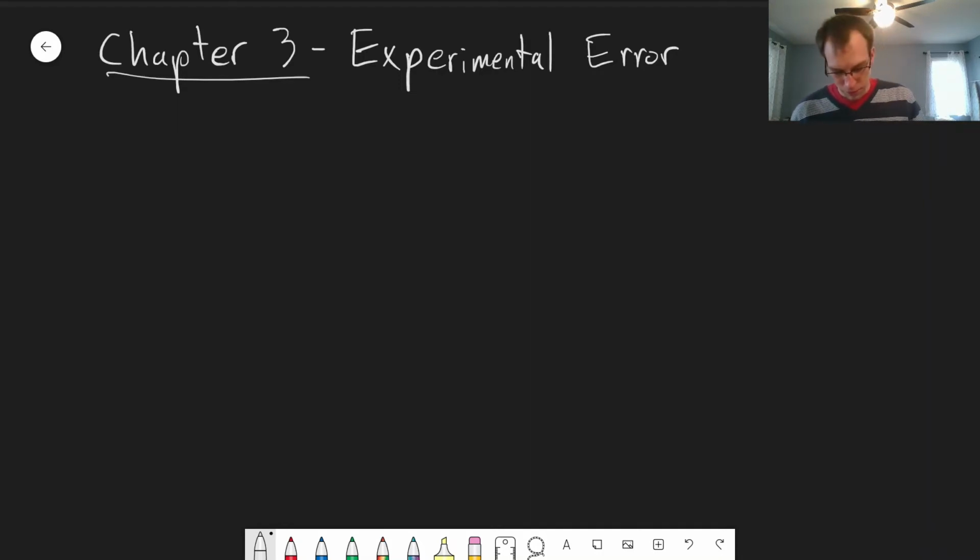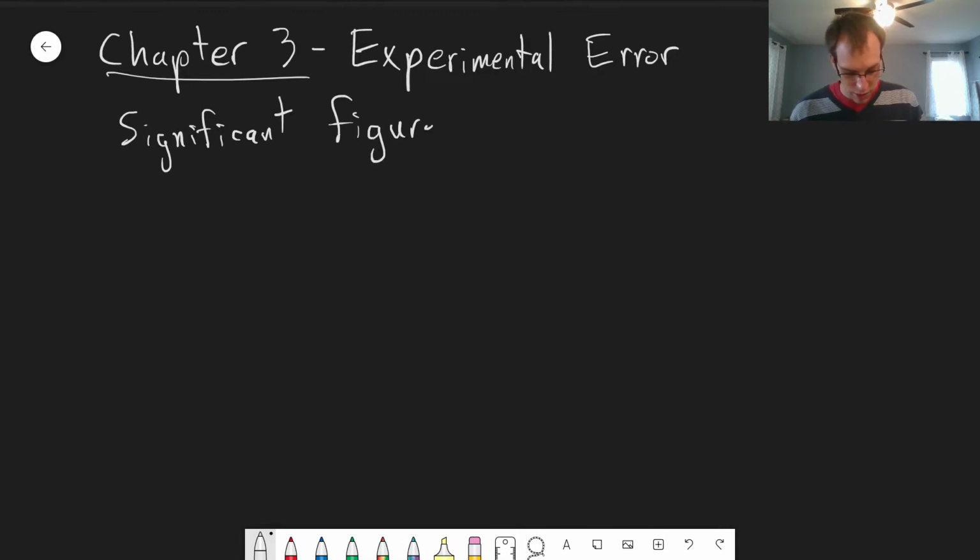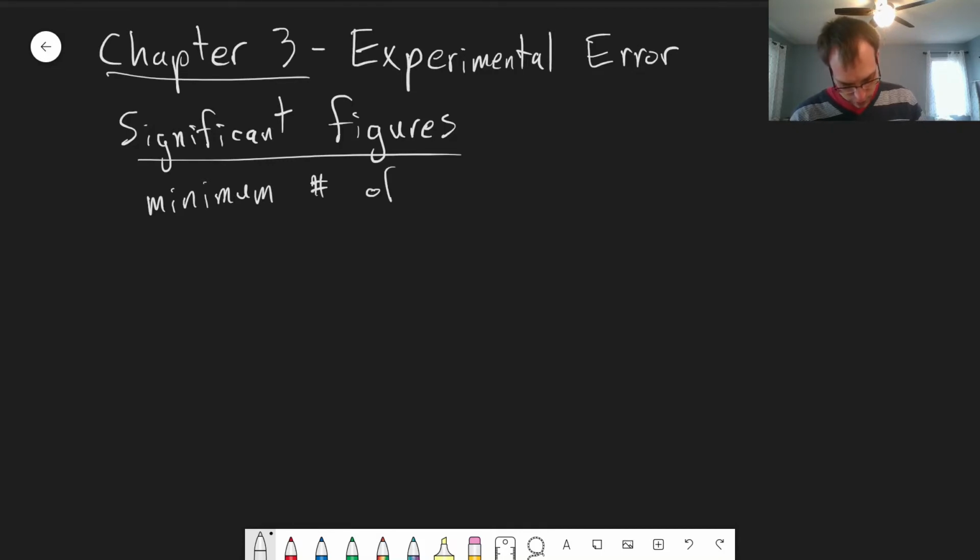Okay, so first of all, what are significant figures? So the significant figures of a number are the minimum number of digits needed to write a number in scientific notation without losing precision.